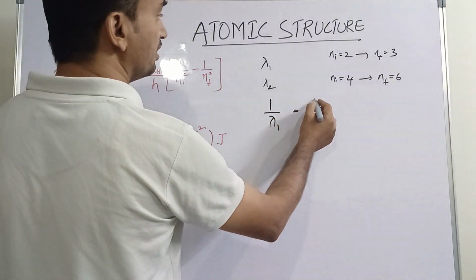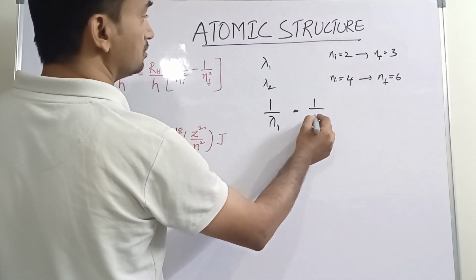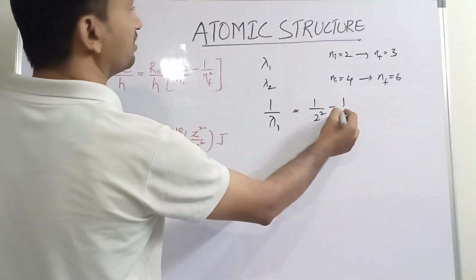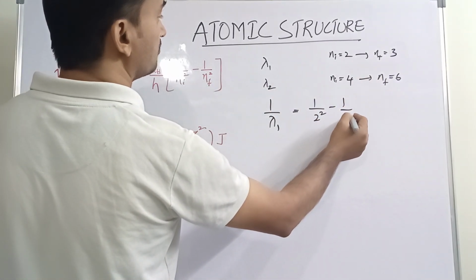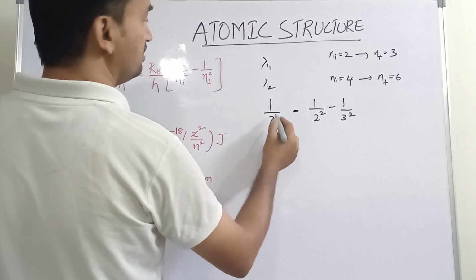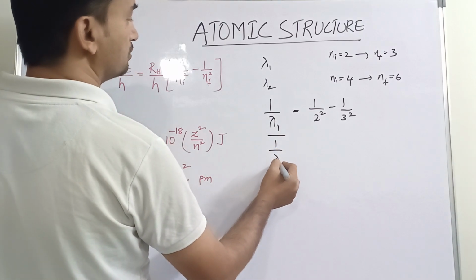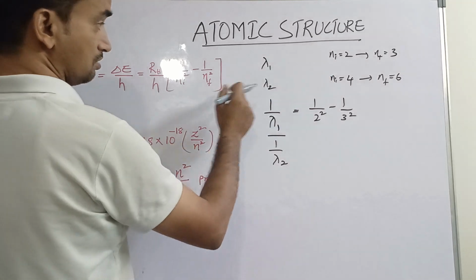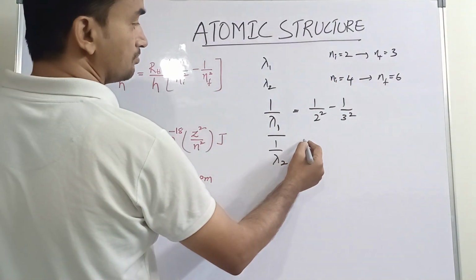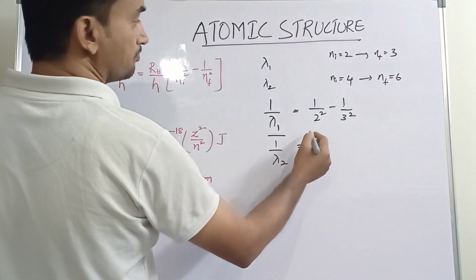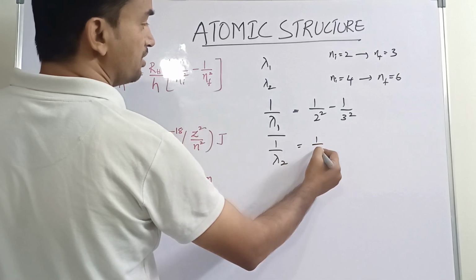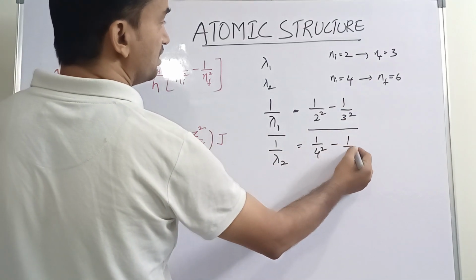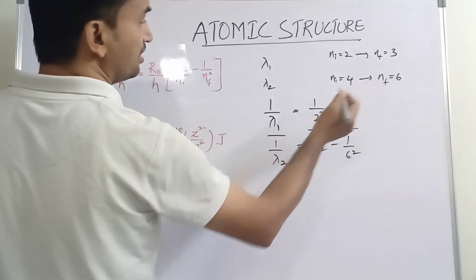So now it becomes 1 by n_i, that is 2 squared, minus 1 by n_f, that is the final value 3 squared, divided by 1 by lambda 2. Why? Because here it is nu equals c by lambda. Now here it is 1 by the initial value 4 squared minus 1 by 6 squared, that is the final value 6.